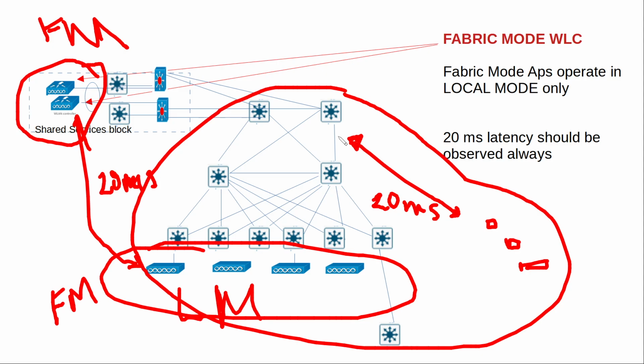That is difficult, but if you have a carrier that could offer you that 20 milliseconds and your fabric is extended to another building, in that case, your wireless LAN controller could control access points that exist in a different building. But you'll have to make sure that all of these requirements are met.